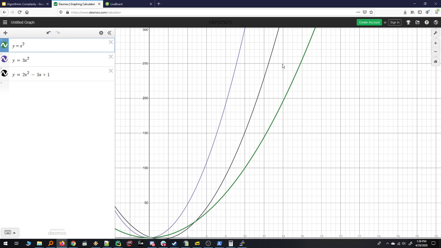But you will know that this thing eventually will stay between these two functions forever, right? It'll never get bigger than this purple one, and it'll never get smaller than this green one. Therefore, what can we say? We can say that this rando-looking function, 2x squared minus 5x plus 1, is big theta of x squared, right?